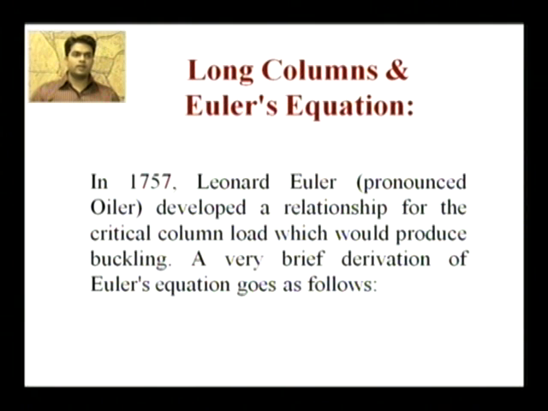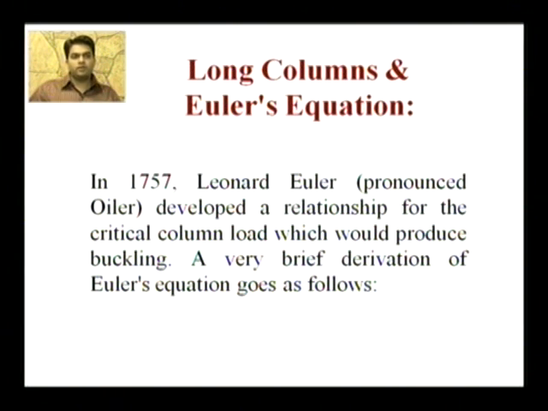Long columns and Euler's equation. In 1757, Leonhard Euler developed a relationship for the critical column load which would produce buckling. तो 1757 में ऑयलर द्वारा एक फॉर्मूला बनाया गया था जिसमें हम क्रिटिकल लोड बता सकते हैं किसी कॉलम के लिए जिस लोड पे उस कॉलम में बकलिंग स्टार्ट हो जाएगी.